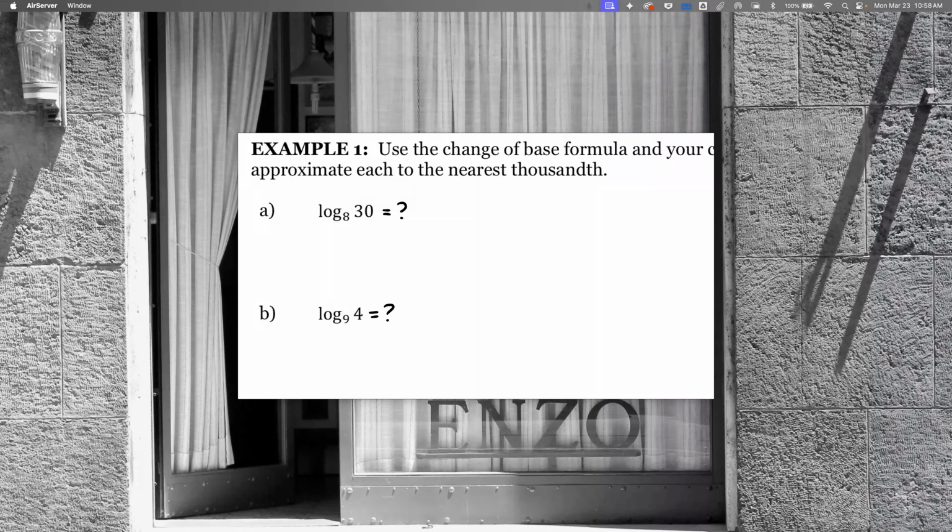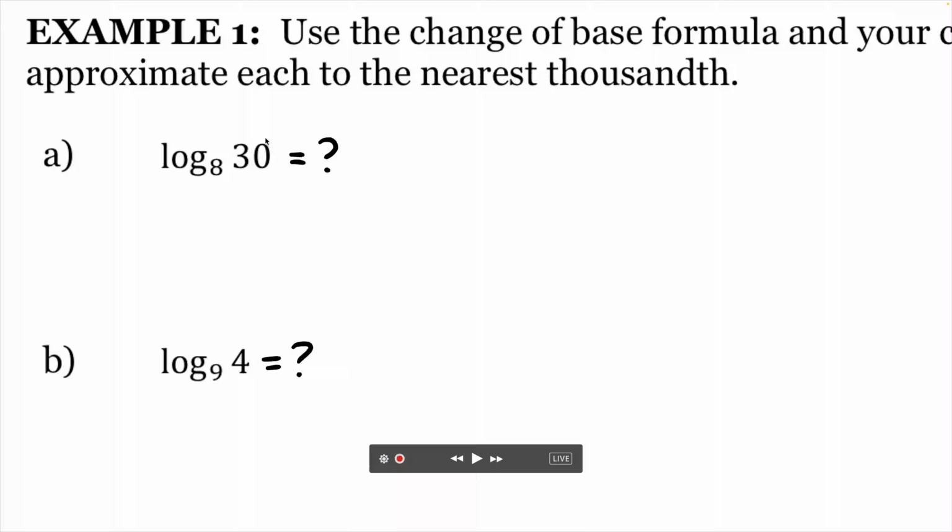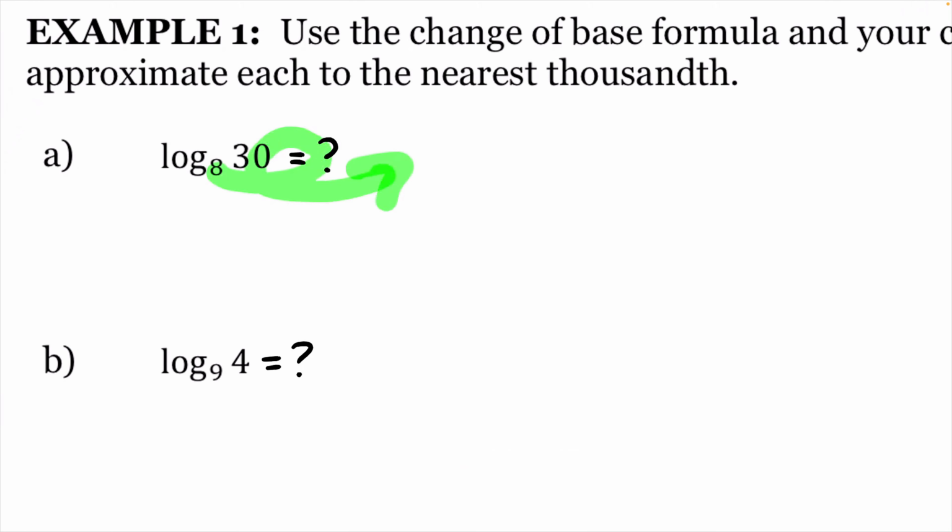If we were to do that using the steps that we did last week, we would get this. 8 to what power equals 30? What power would we need to equal 30? There is a power, but it's kind of in between, right? It's in between 1 and 2, right?